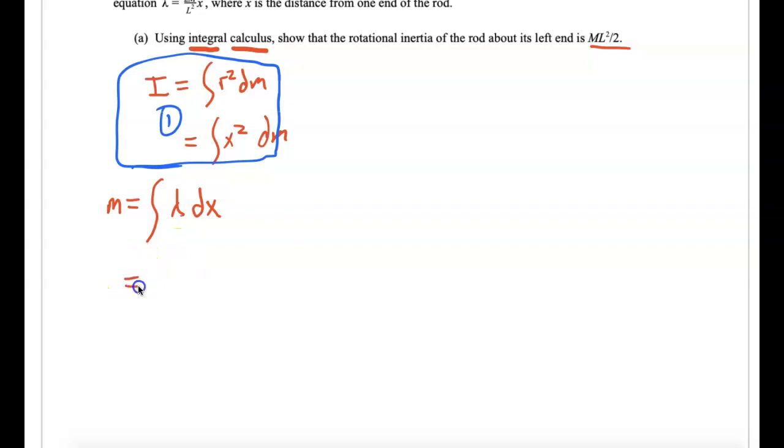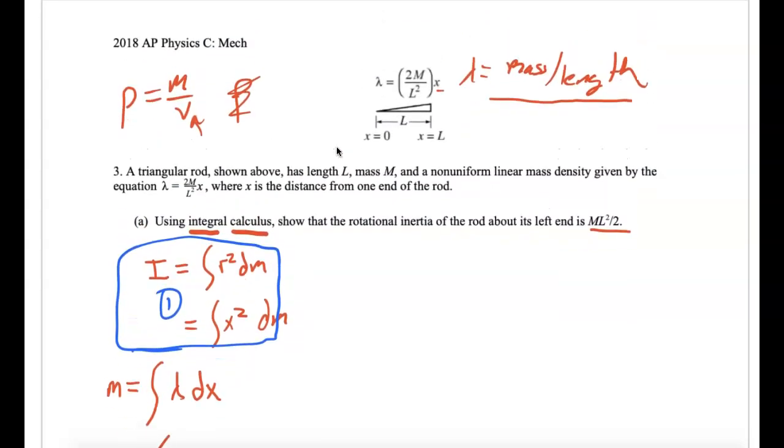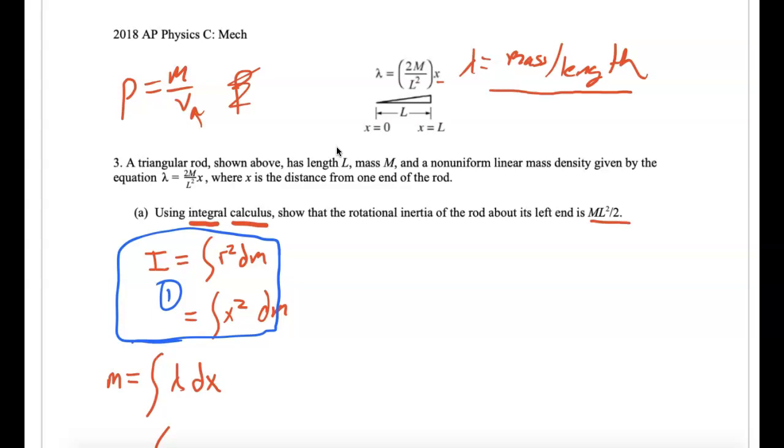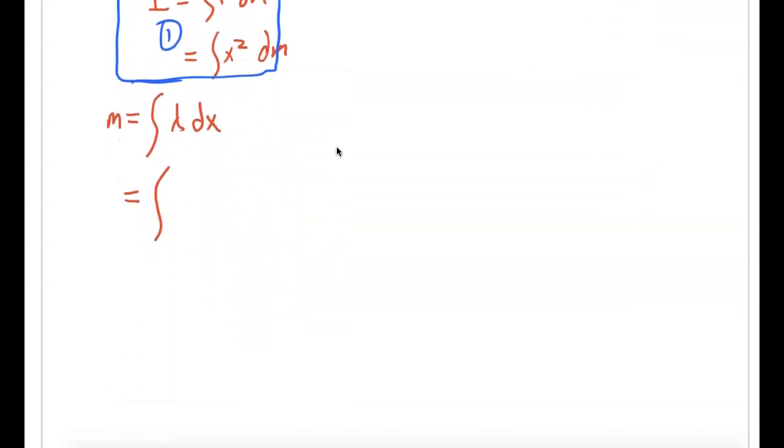So now this is equal to the integral of, remember we said that this symbol is equal to 2M over L squared times x. So we're going to put that in. So this is 2 times the mass over the length squared, and we multiply that times x, and then we do dx.